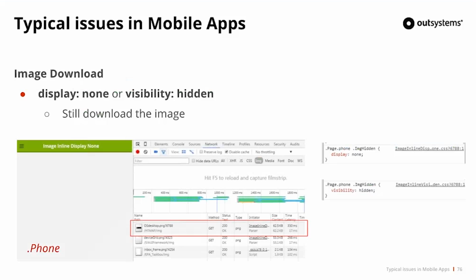They use display none or visibility hidden, and they think that okay, we will not see it, so we will not pay for that image. Well, that is not the case, because the image is not in the render tree, but it is in the DOM. So it will not be displayed in the window, but it will be downloaded. So we'll pay for the size of that image, and this is not a good practice at all.